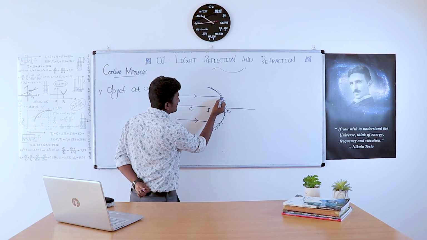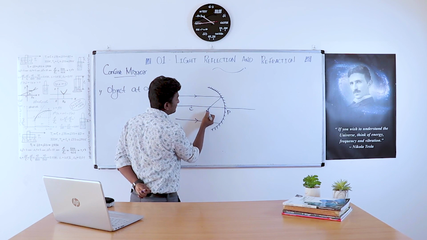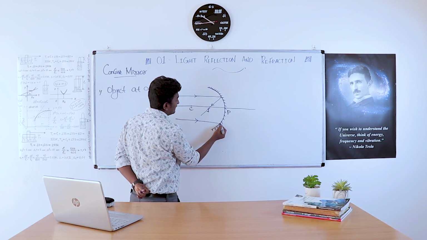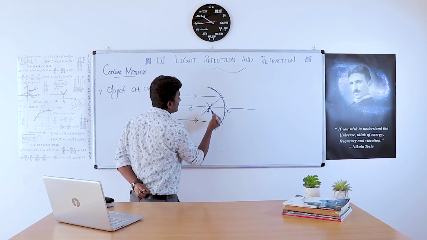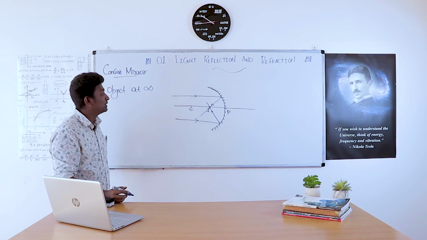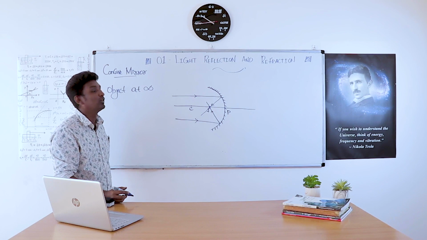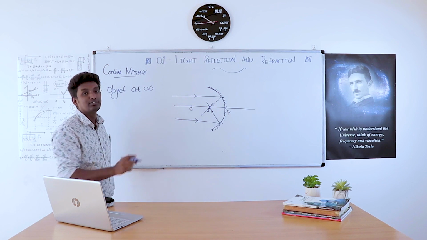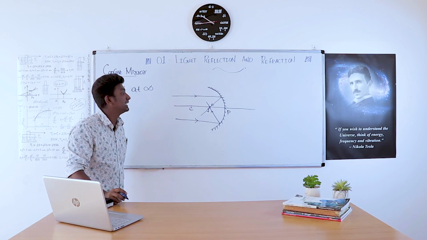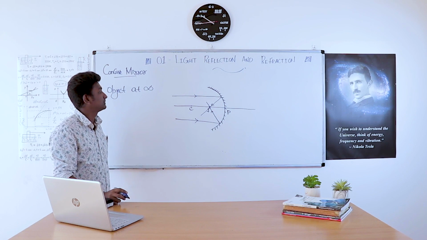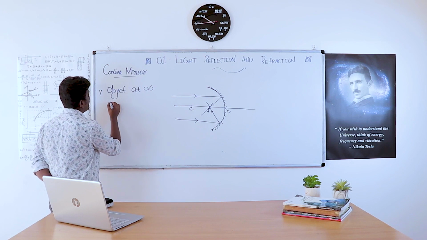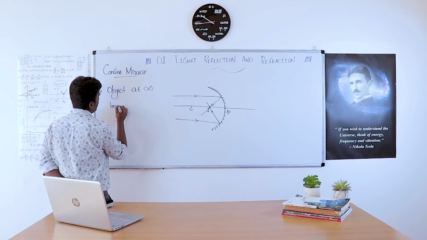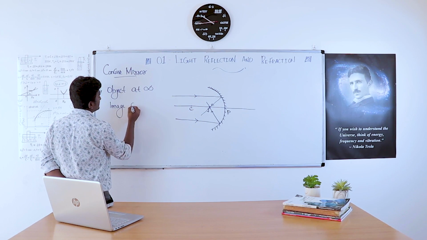So after reflection, this one passes through focus and this one also passes through focus. So these reflected rays together meet at the point focus. So we can say that image is formed at focus.